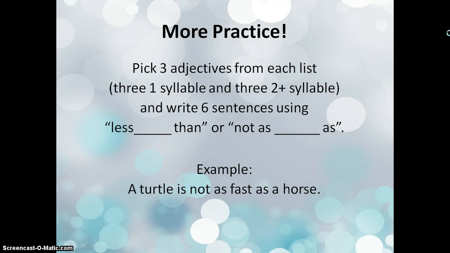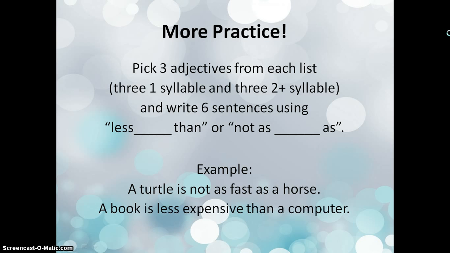I can say a turtle is not as fast as a horse. So notice my one-syllable adjective fast, so I had to say not as fast as. You can use any ideas you have. Now for my 2+ syllable adjective, I'm going to use the word expensive, and my sentence was, a book is less expensive than a computer.